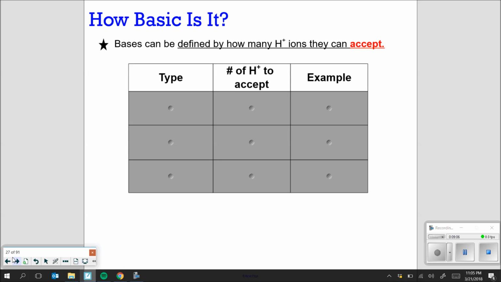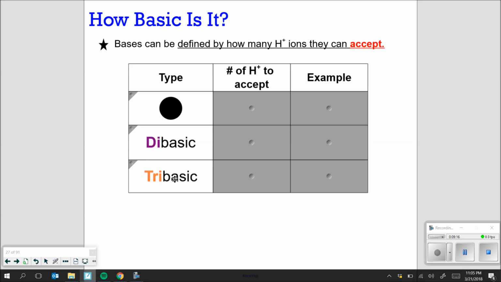And how basic is it? The same thing we just did with acids, we can also label our bases in the same way. They can be defined by how many protons they'll accept. So we have monobasic, dibasic and tribasic.